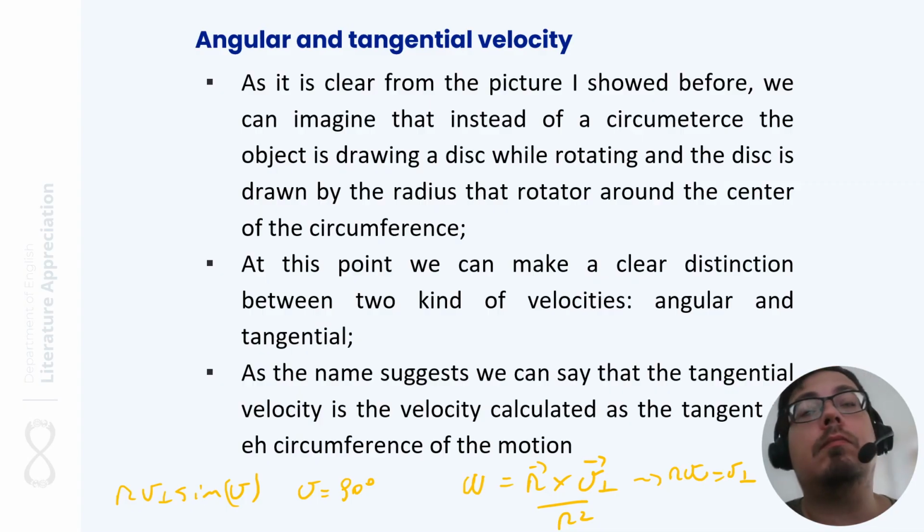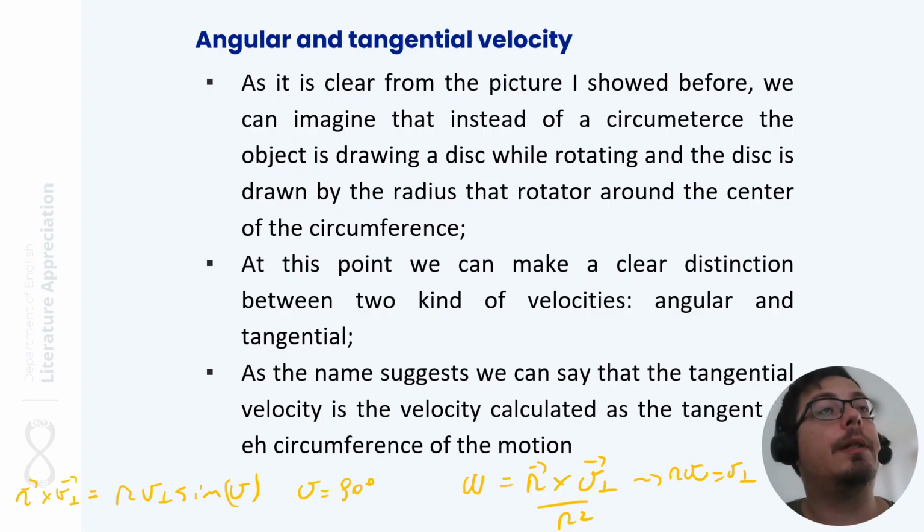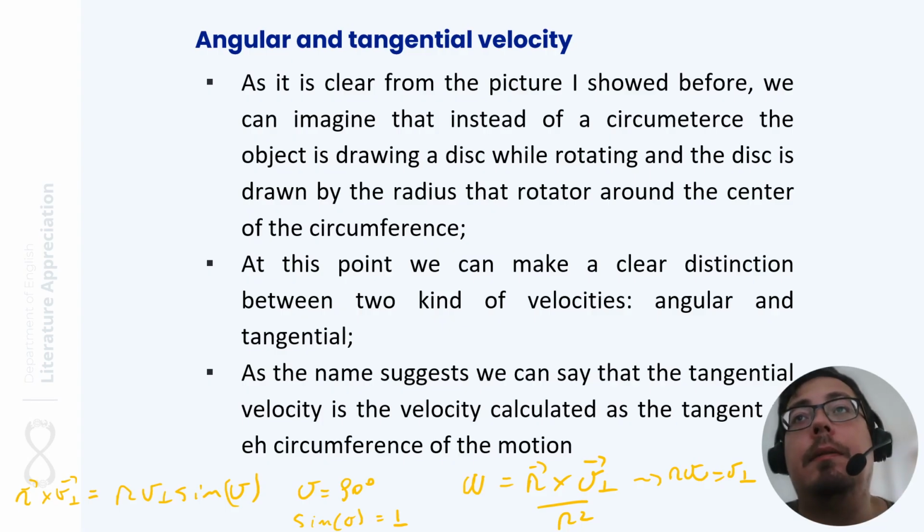So we have this formula here for the vector product, r times v tangential, exactly. So the sine is 1. Okay, so we have cleared the difference between tangential and radial.